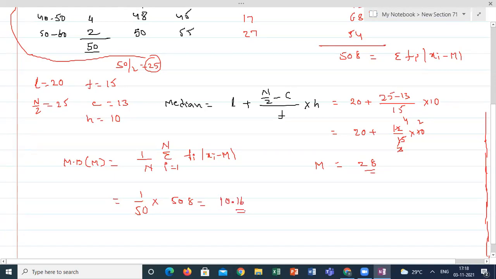Is it clear, guys? For our level, they never mention which method to use to calculate the median. Which is the best method to find the median is in your hands. In 10th standard, that is gone. There are different methods, like the graphical method. For calculating the mean, we have the step deviation method, which we use to reduce calculations. Will you be able to remember the step deviation method?